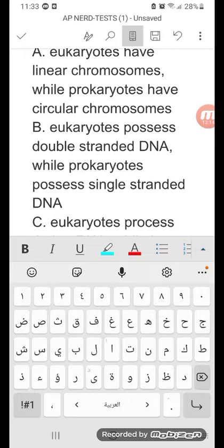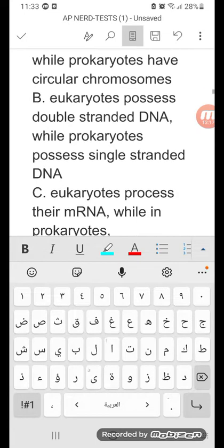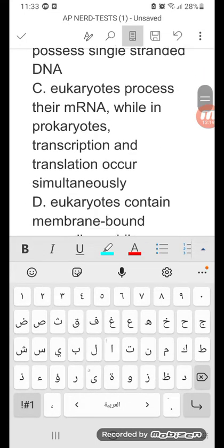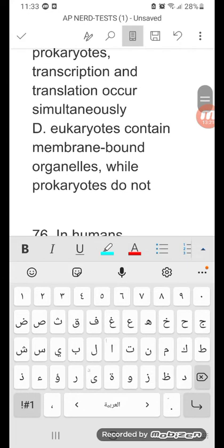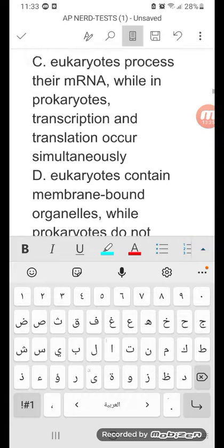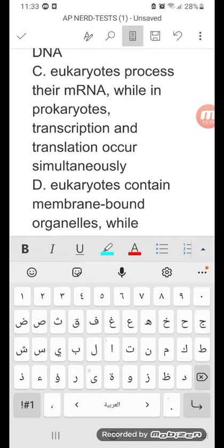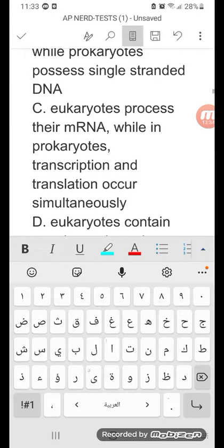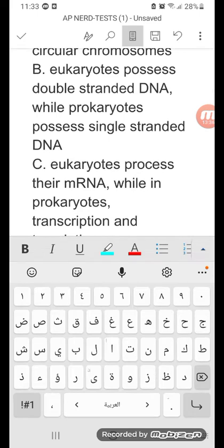Eukaryotes possess double... Eukaryotes contain membrane-bound organelles while prokaryotes do not. Okay. Eukaryotes process their messenger RNA while in prokaryotes transcription and translation occur simultaneously. Okay. Eukaryotes possess double-strand DNA while prokaryotes possess single-strand DNA. Okay.